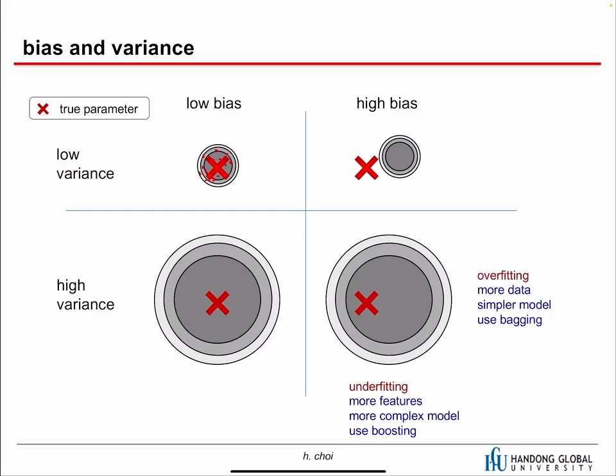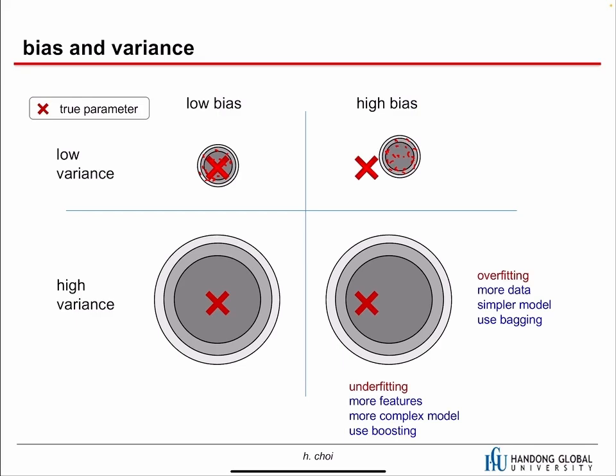In this case, we got the best model. So we have a low bias and low variance, which means we have a low error. But we have other cases here. When the variance is low, we can have a high bias. Then the samples are around here.